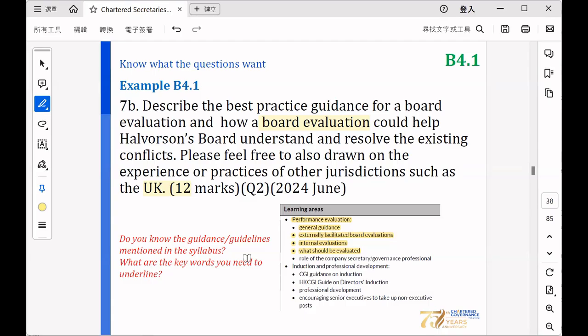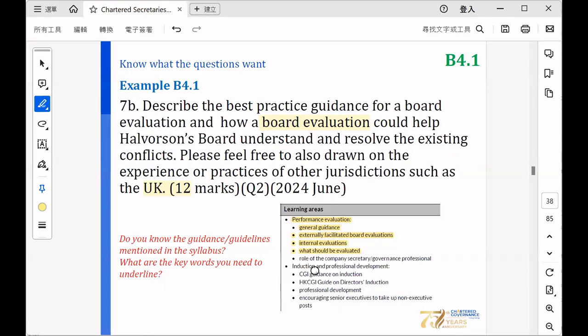And in connection with board evaluations, it's very frequently asked about external and internal evaluation. So I think you need to prepare for that. What's the advantage of external evaluation, and what's the advantage of internal evaluation?